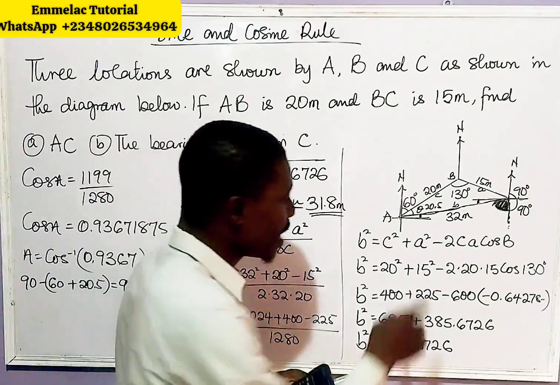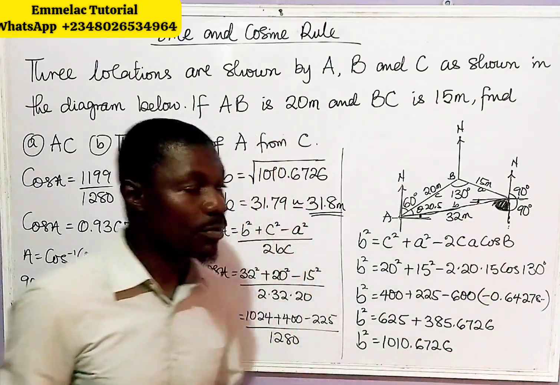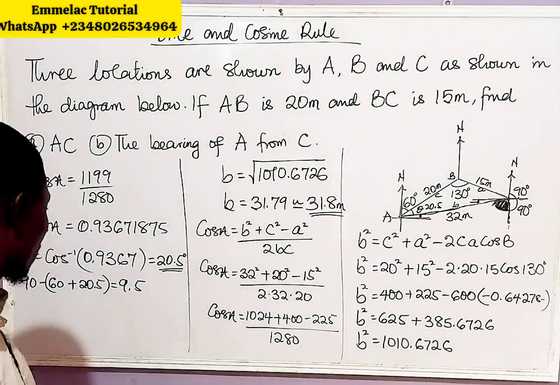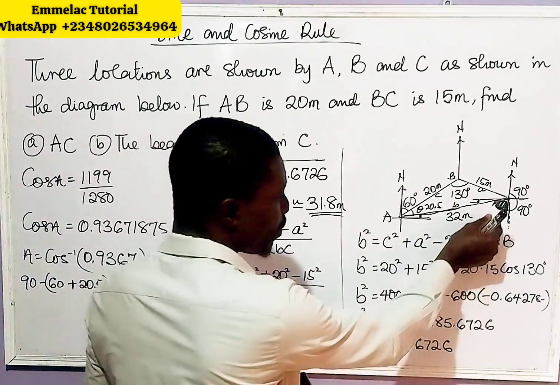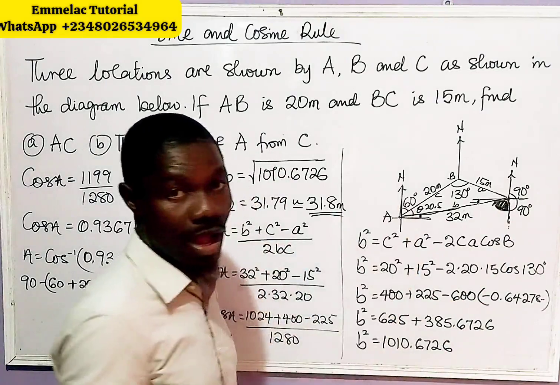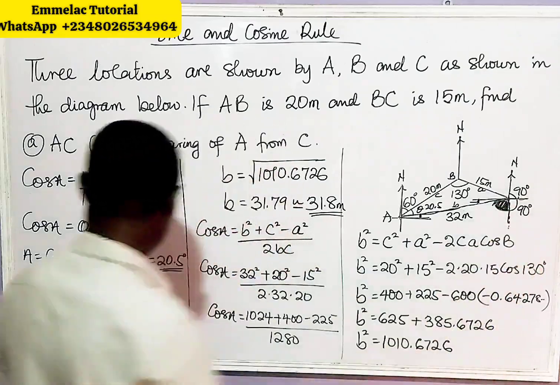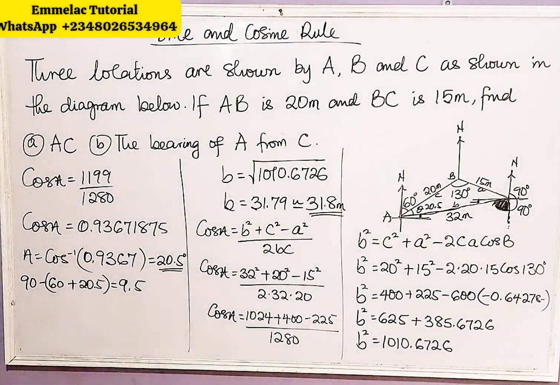Now since here is 9.5, automatically here also will be 9.5. Alright, so to that end it implies that the whole of here also is alternate to the sum of these two angles. So we then add 90 plus 90 plus 80.5.